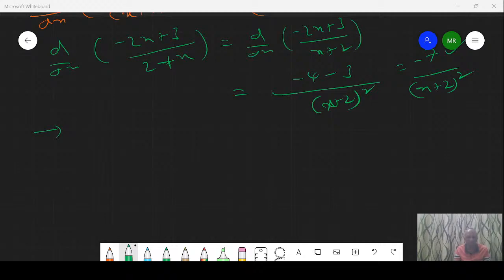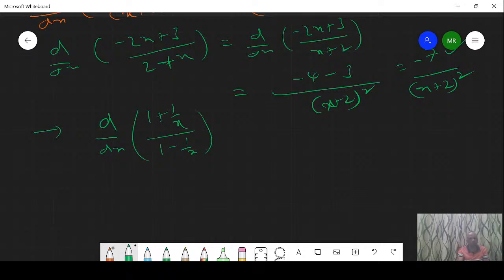When I am doing this, I can write, find the derivative, that means d by dx of (1 plus 1 by x) by (1 minus 1 by x).